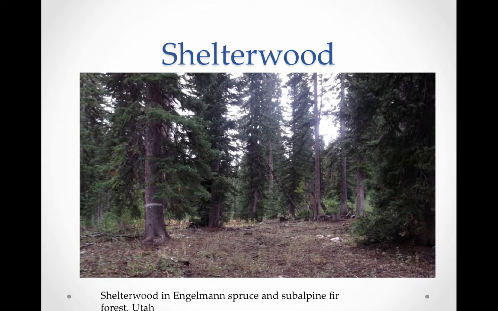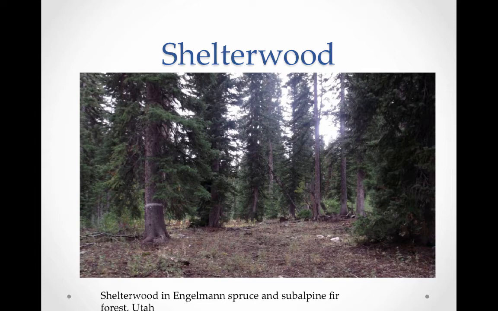So we covered Coppice, which focuses on asexual reproduction. Now we're going to move into some other methods of even age management, and one of the first ones is a Shelterwood. So the cover page, this is some work I did while I was out in Utah, and this is a Shelterwood with Engelmann spruce and subalpine fir.